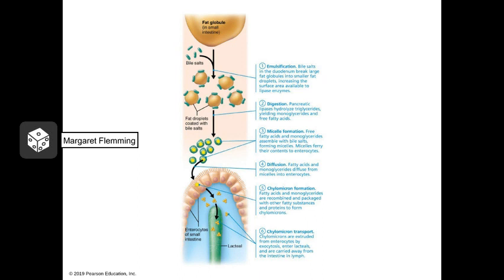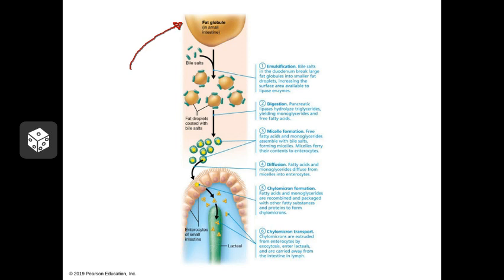Now, fats are handled in a very different way. These small fat globules that are in the small intestine have been broken down. Large fat globules are emulsified, and then pancreatic lipase breaks them down even further.